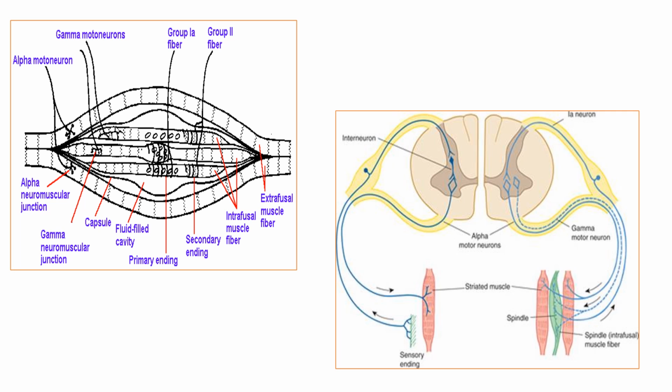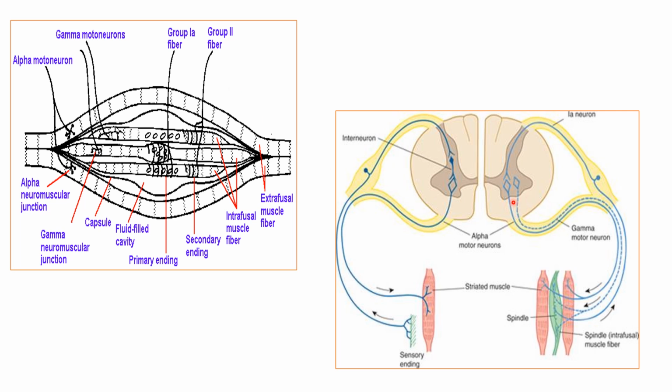This is the 1A neuron. It is going through the dorsal root ganglion, and it is entering into the spinal cord gray matter. Then from the nuclear chain fiber, the group 2 fiber will carry the afferent information.